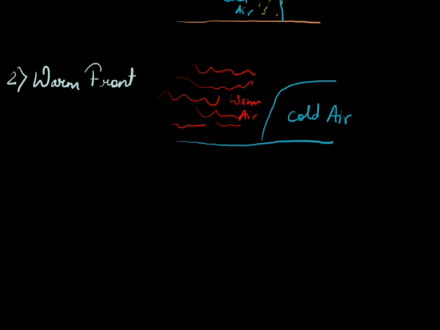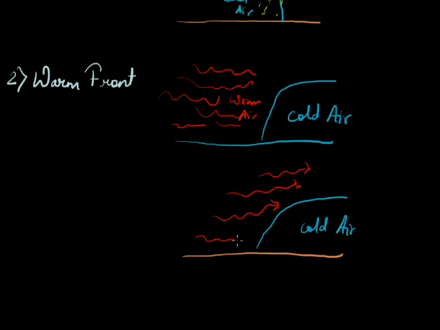Thus, again, leading to the process of condensation as it has reached a height, which results in heavy showers, heavy precipitation at the frontal zone.